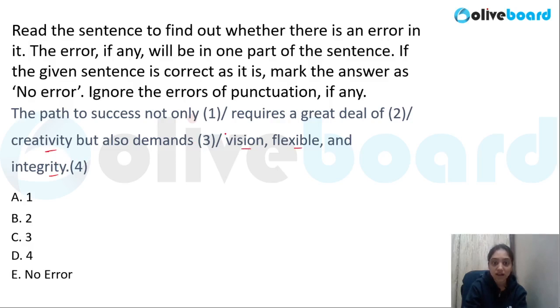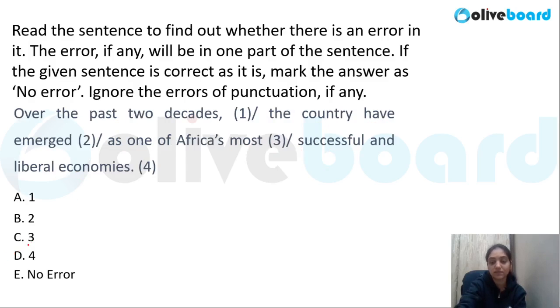Well, these are qualities that are required for success. So, vision is a noun, flexible on the other hand is an adjective and must be replaced by flexibility, that is the name of the quality. So, flexible here is incorrect, which indicates that there is an error in the fourth part. Hence, D is the correct answer.